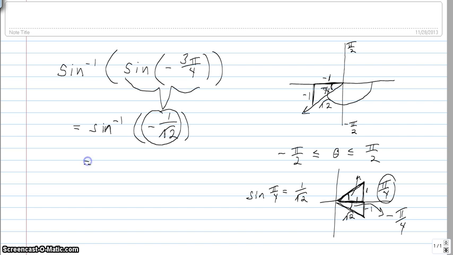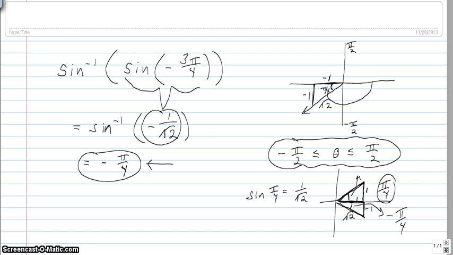In any event, I don't know if I explained that perfectly, but our result should be negative pi over 4. In other words, we found the angle in this range whose sine gives us negative 1 over root 2. Hopefully that makes sense.